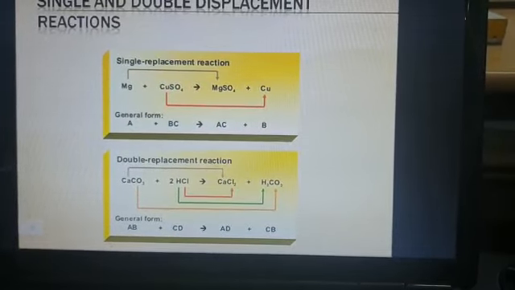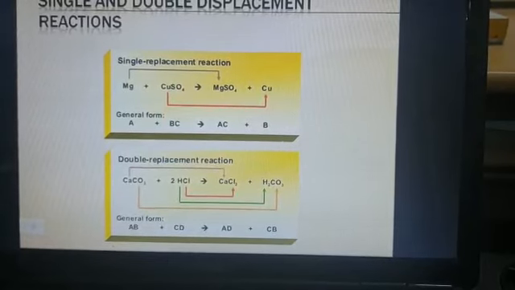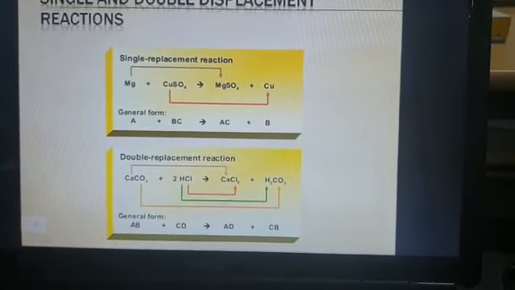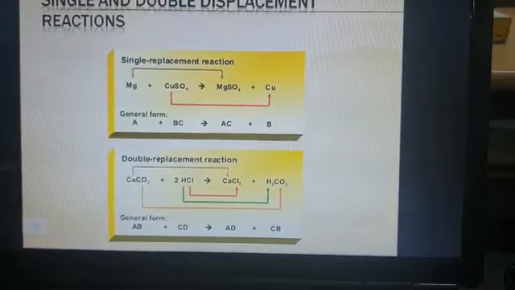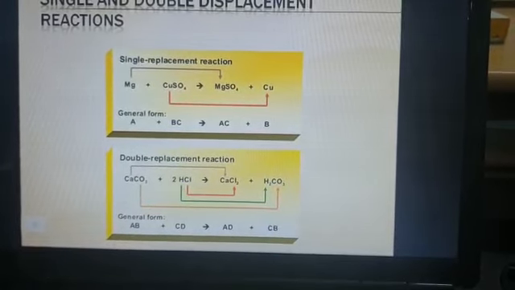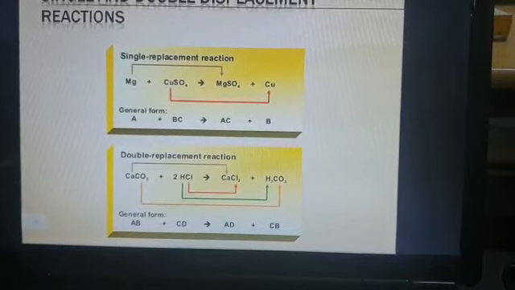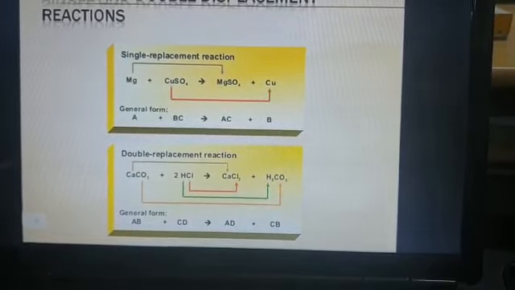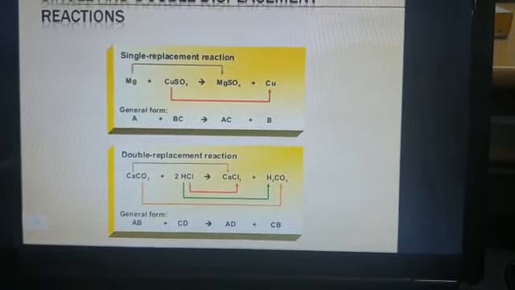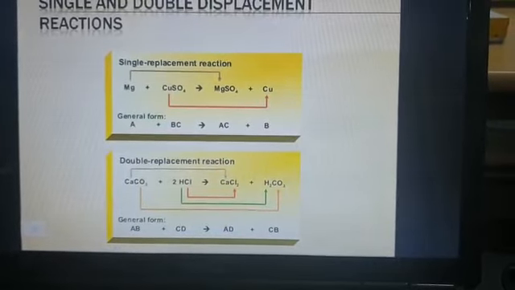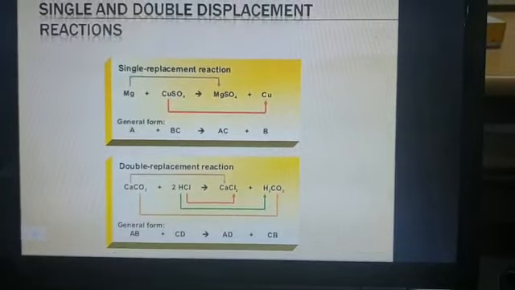Calcium combines with the Cl and hydrogen combines with the carbonate part. So here two substances are displacing each other. Calcium takes the place of hydrogen or hydrogen takes the place of calcium. So the products are calcium chloride and hydrogen carbonate.